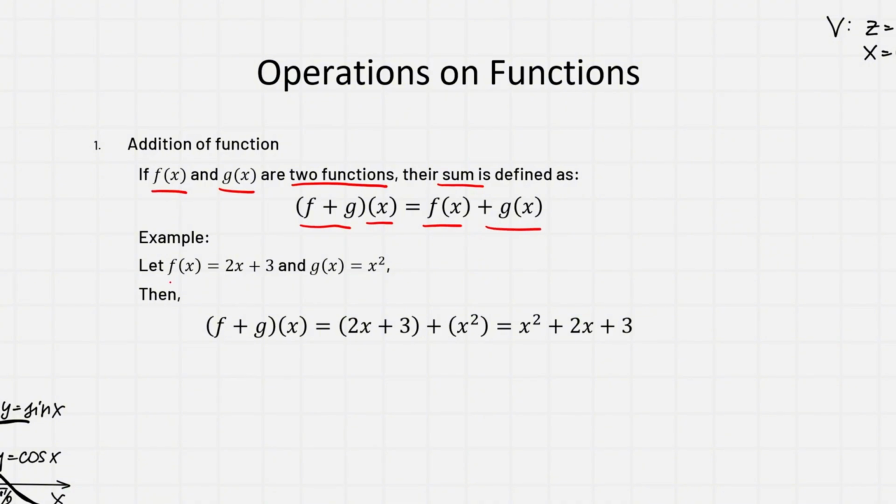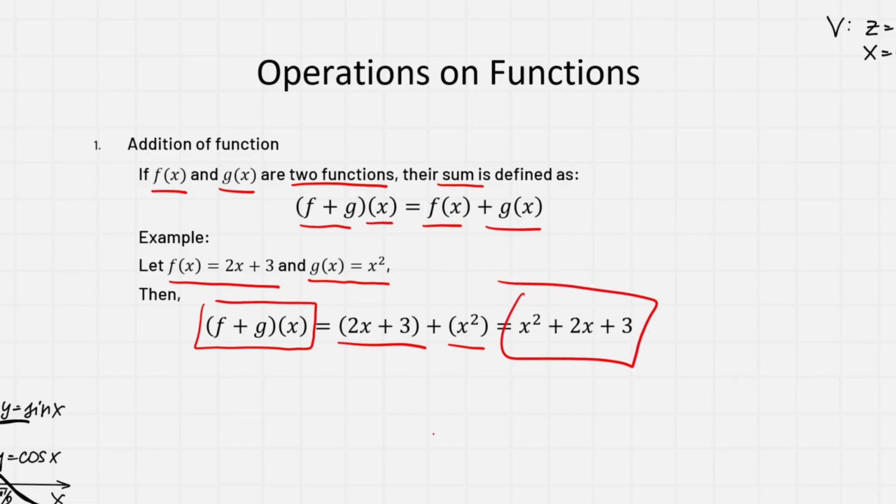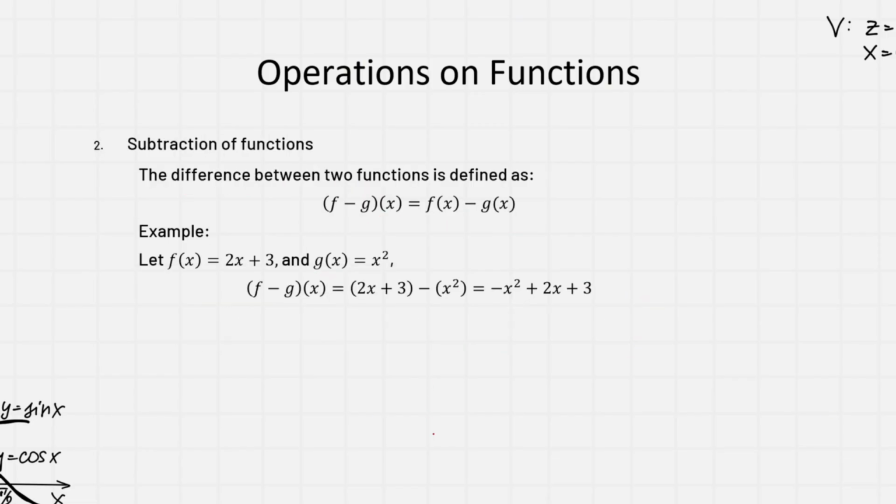For example, we have f of x equals 2x plus 3 and g of x equals x squared. To solve for f plus g of x, we just simply add the two functions. So we have 2x plus 3 plus x squared. Then the answer would be x squared plus 2x plus 3.